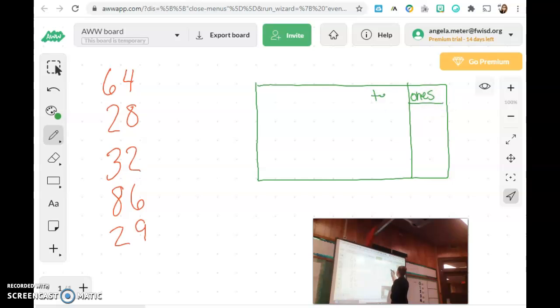And then I have a tens place. My hundreds. And then my thousands. Okay, so these are the 4 place values that we're looking at.